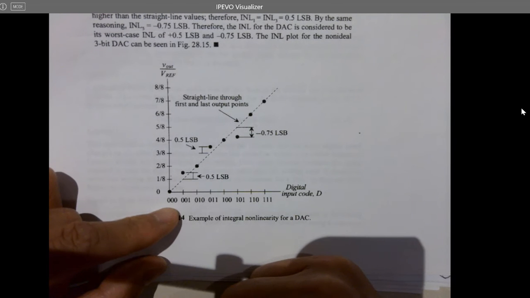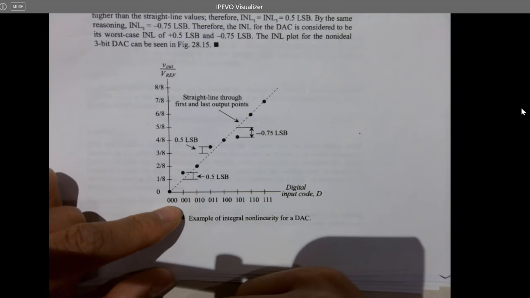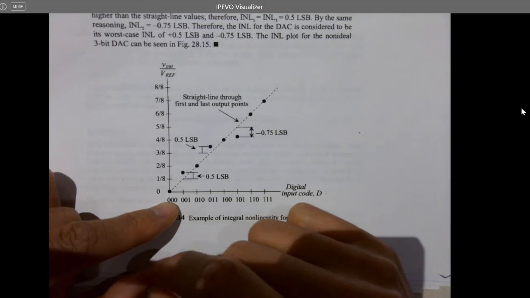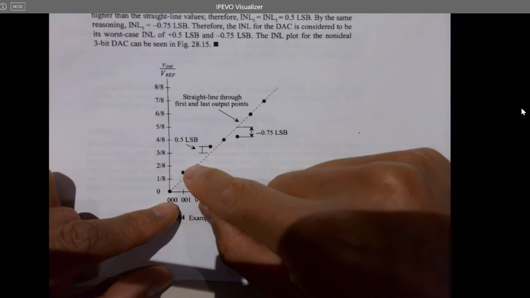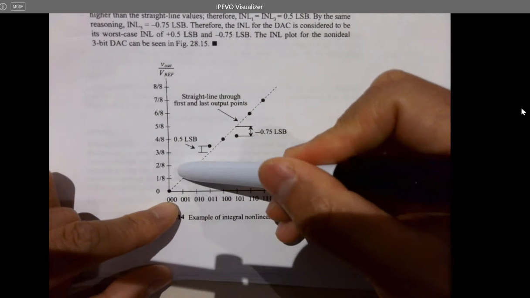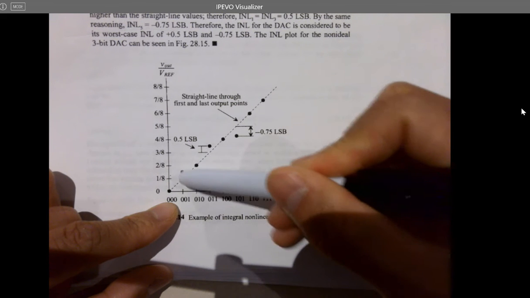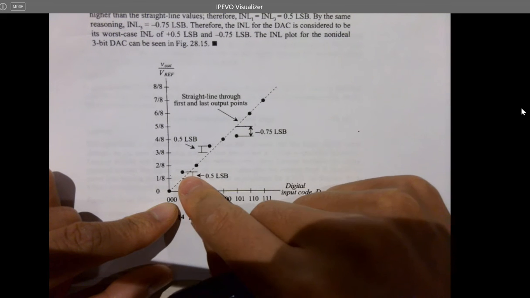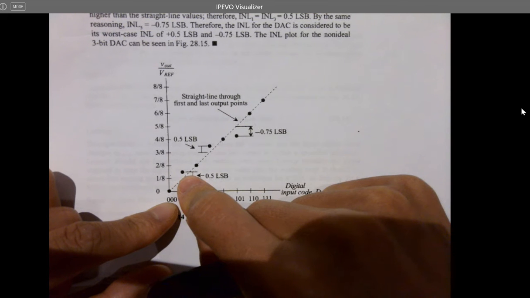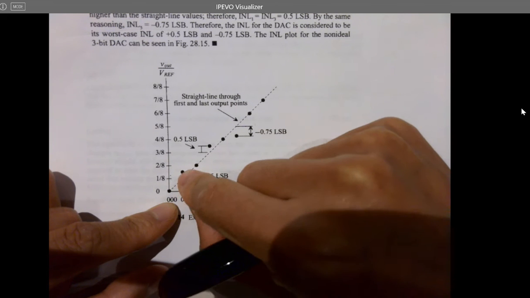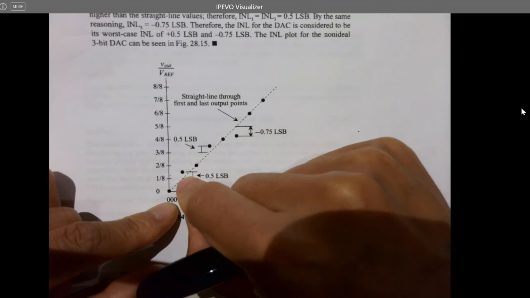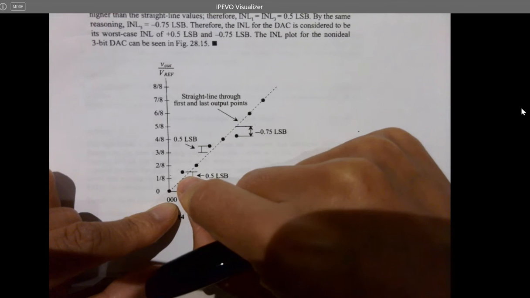And so again, INLs are being calculated as the actual height. So whatever point I get here, the absolute value of the height of this point minus whatever it should be on the ideal curve. So it's actually the difference between these 2 points, this point and the ideal point on the ideal curve.